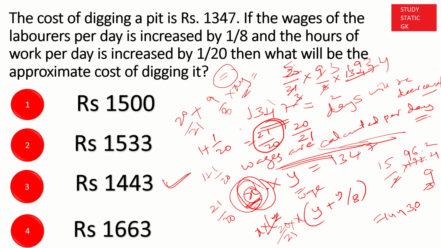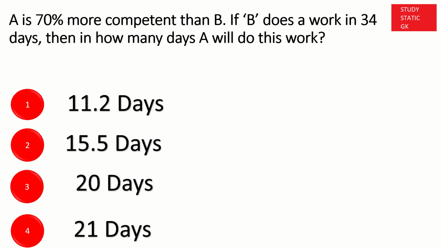Okay. So I am going to the next question. A is 70% more competent than B. If B does a work in 34 days, then how many days A will do this work?